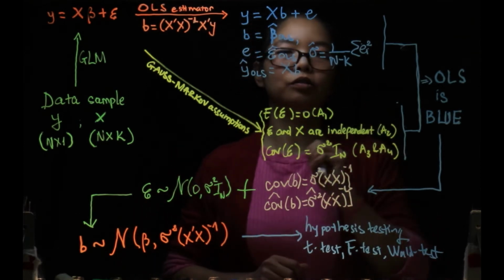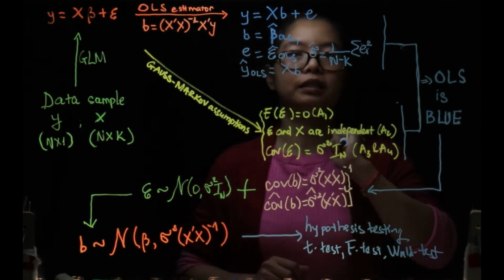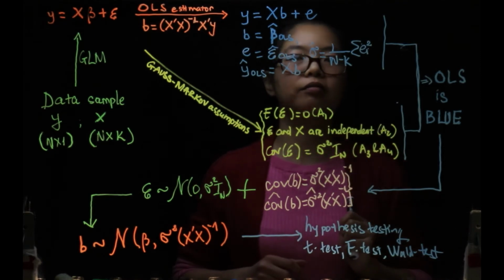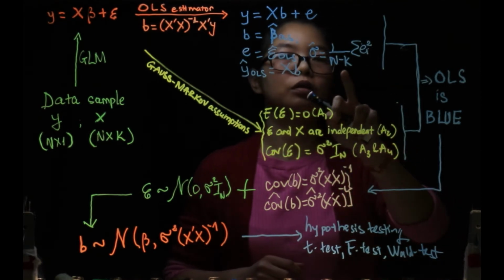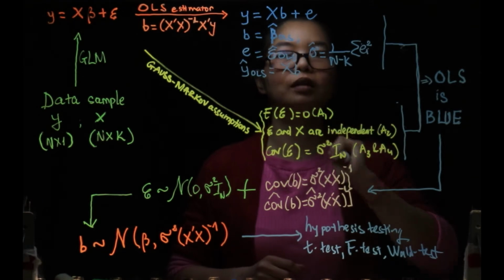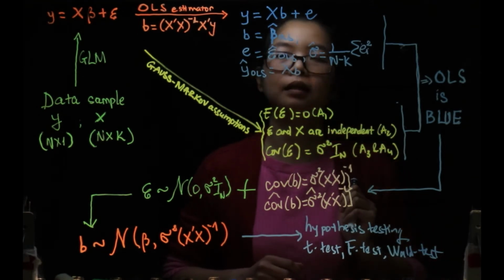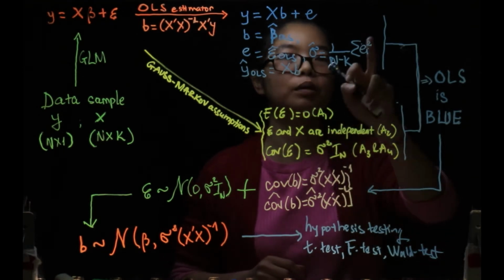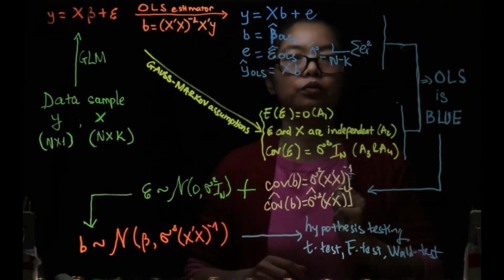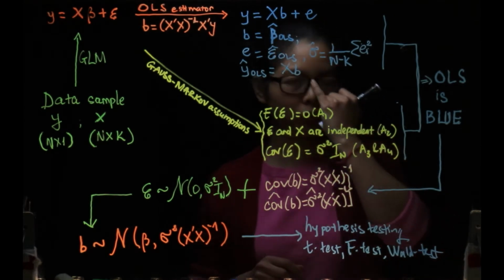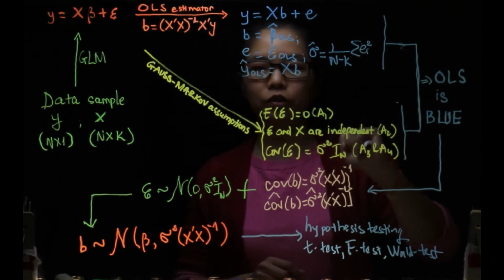We also know that the unbiased estimate of the variance of the residuals can be calculated as 1 over n minus k times the sum of squared residuals from our regression. So far so good.